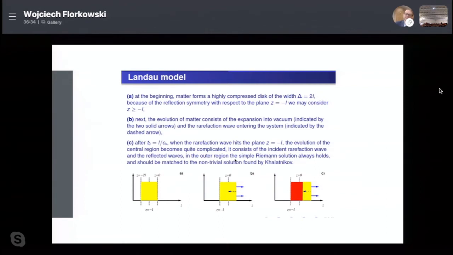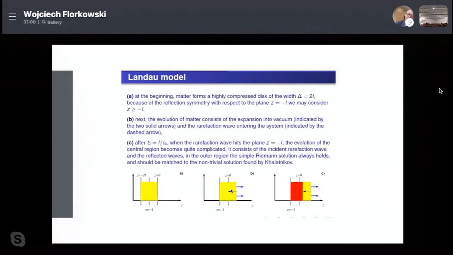So the Riemann solution, for matter outside of the initial block, describes the expansion with the speed of light. This is described by those solid arrows. But there is the rarefaction wave entering the system, and this rarefaction wave enters with the sound velocity.